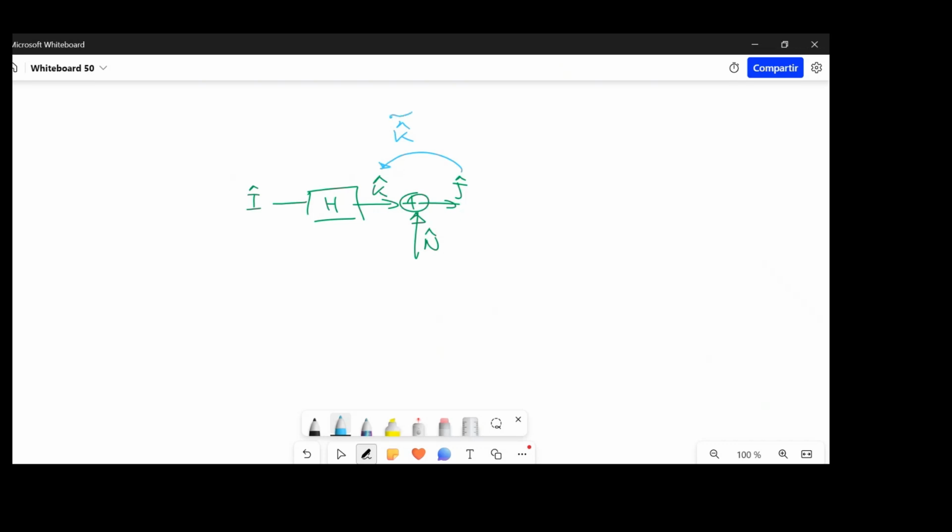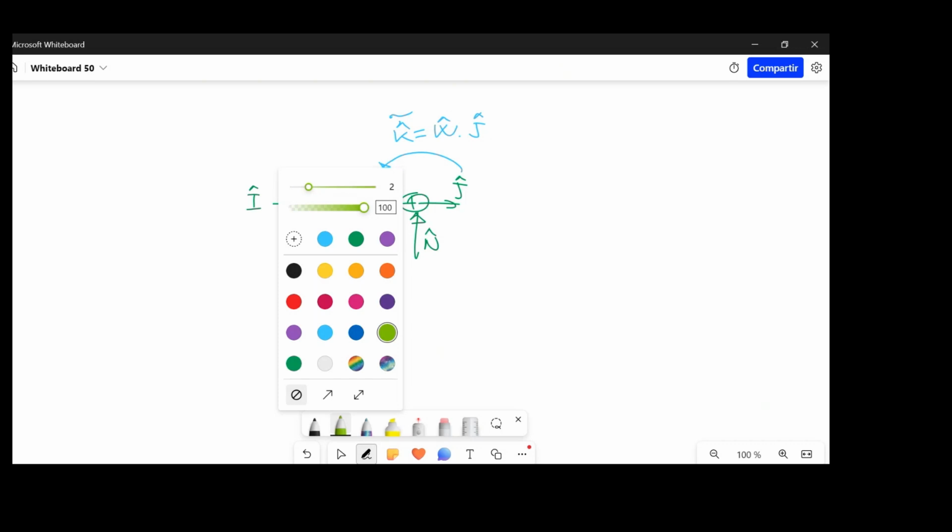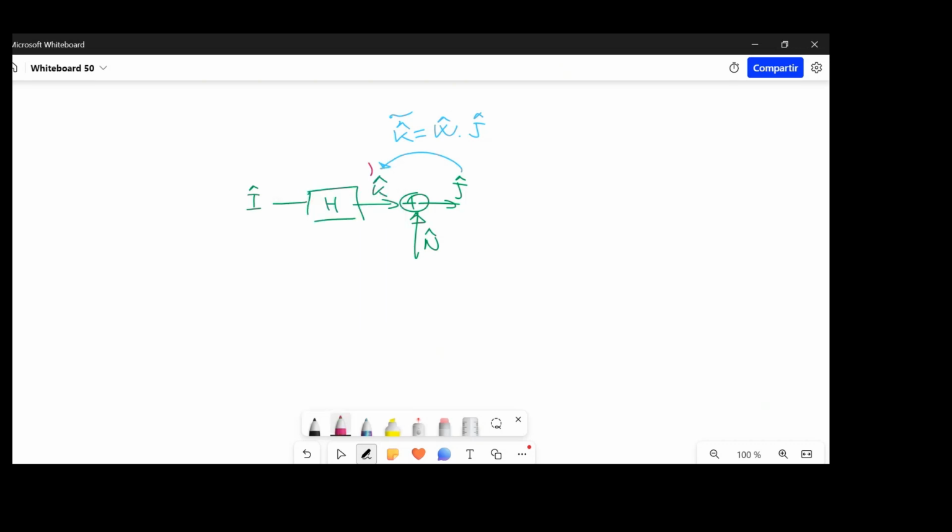Tilde is our estimate. Normally our estimates are hats, but hats are Fourier transforms. So tilde is our estimate. This will be a filter that we have to figure out, times J. Once I have K, I can take one more step back. Then I can estimate I by the estimate of K divided by H.